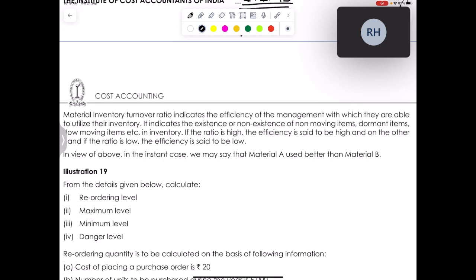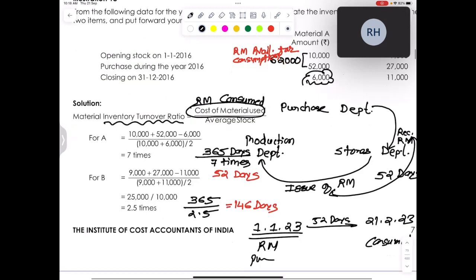Okay, so high moving and low moving is in respect with inventory turnover ratio. Please write down, beta, one line.